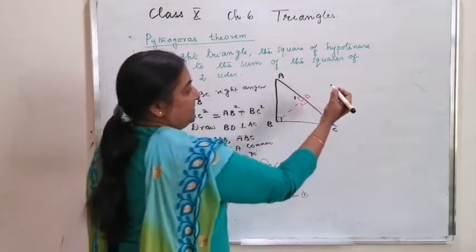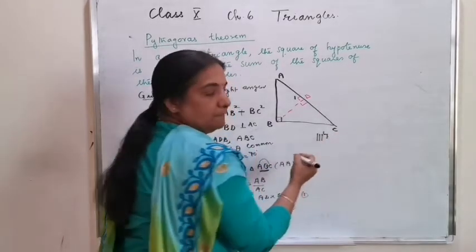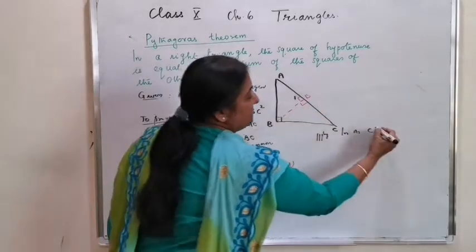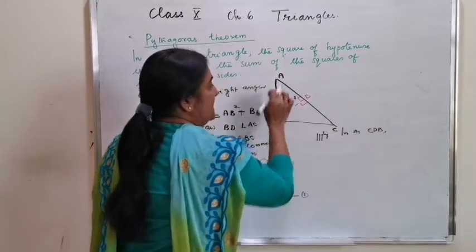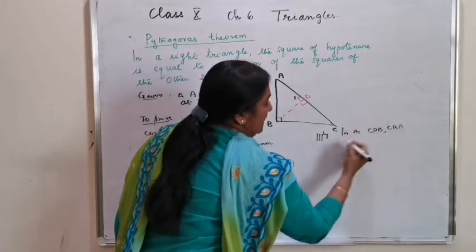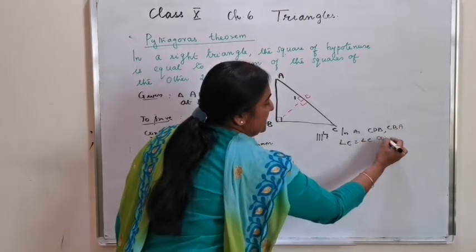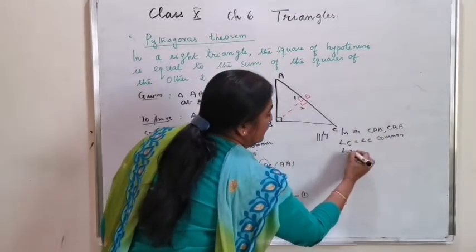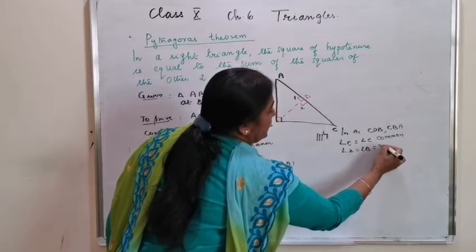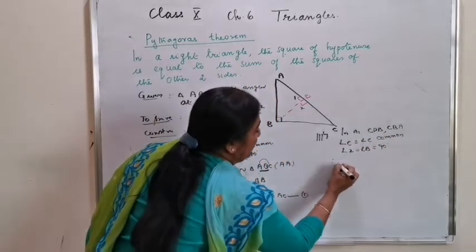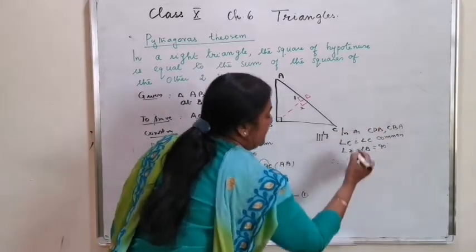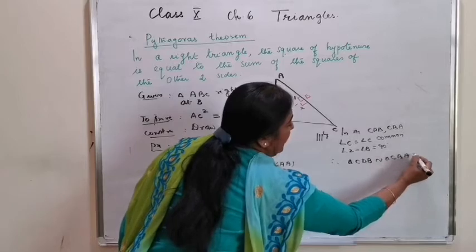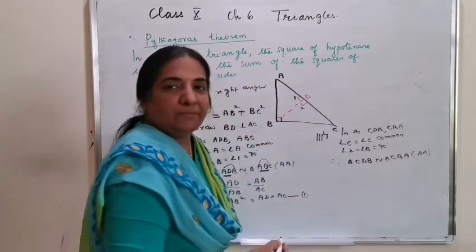Similarly, in triangles CDB and CBA, angle C is equal to angle C, common, and angle 2 is equal to angle B is equal to 90 degrees. Therefore, triangle CDB is similar to triangle CBA by AA similarity.